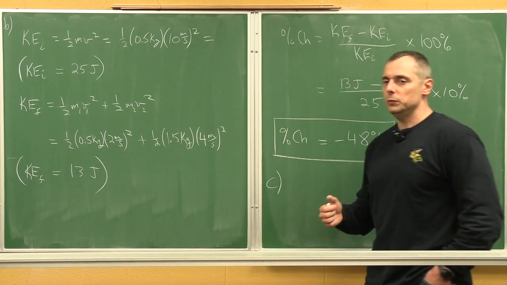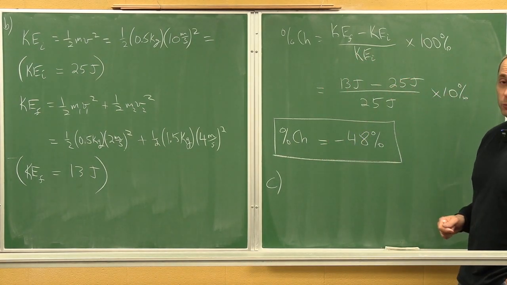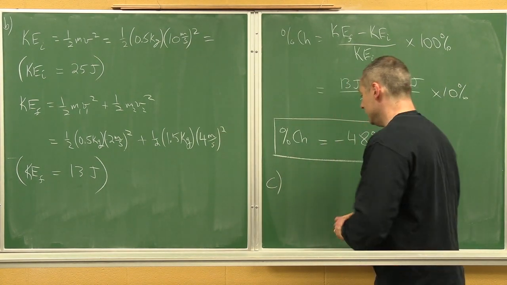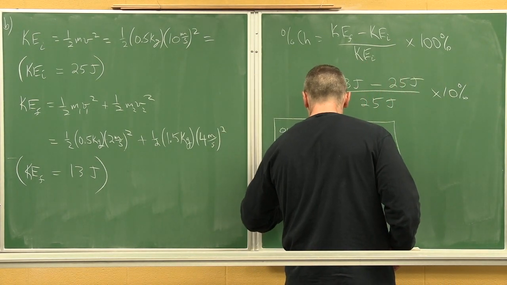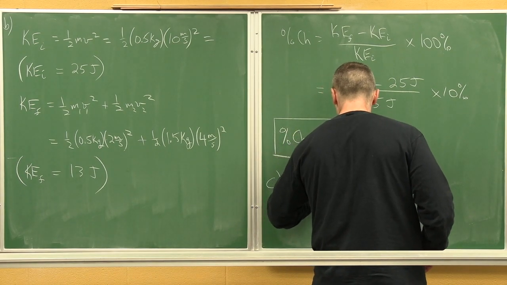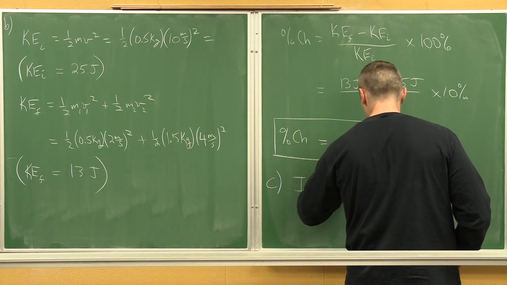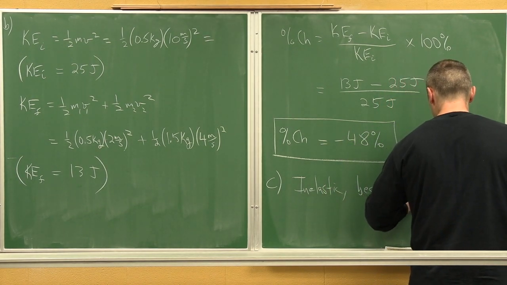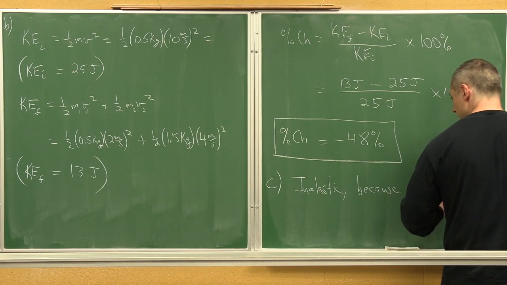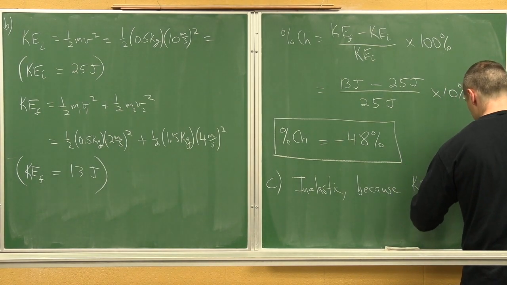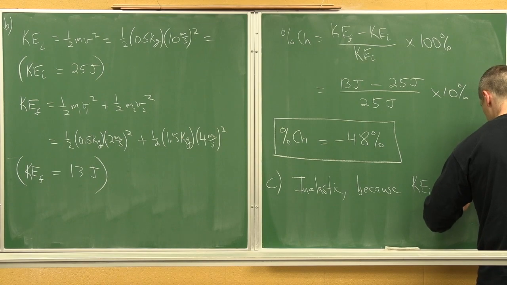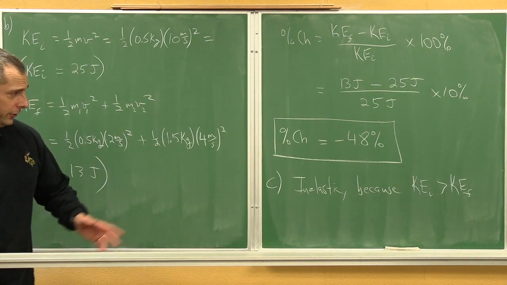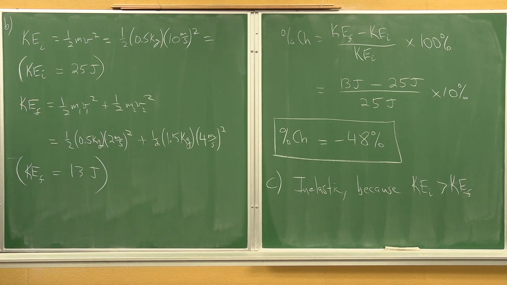But since we see that some of the energy went away, we don't have the same initial and final, we can say that this is an inelastic collision. Why? Because KE initial is greater than KE final.